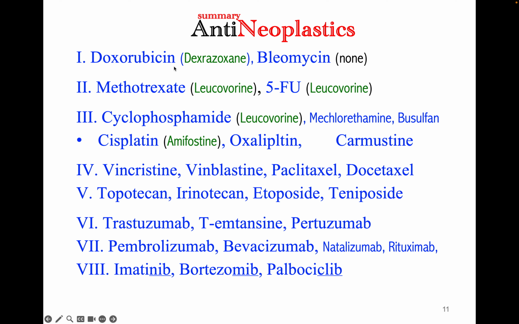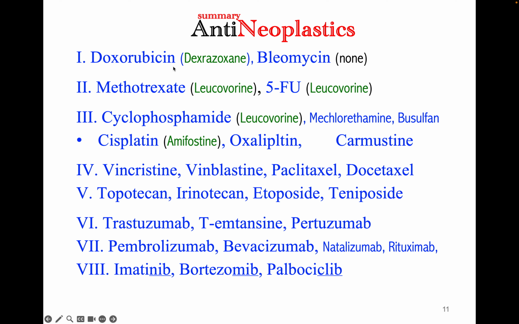That is the reason doxorubicin can easily bind to topo 2 beta. Therefore, it can cause additional breakage of DNA. That means, in addition to the normal intercalation of DNA in heart muscles, doxorubicin causes topo 2 beta inhibition.